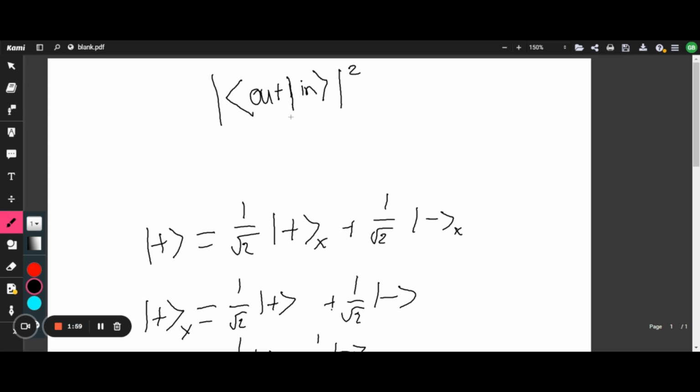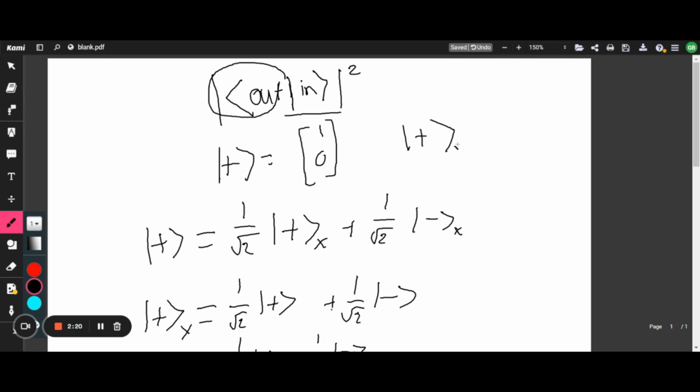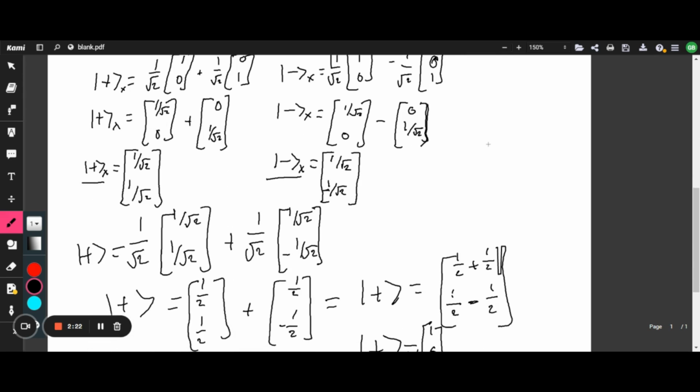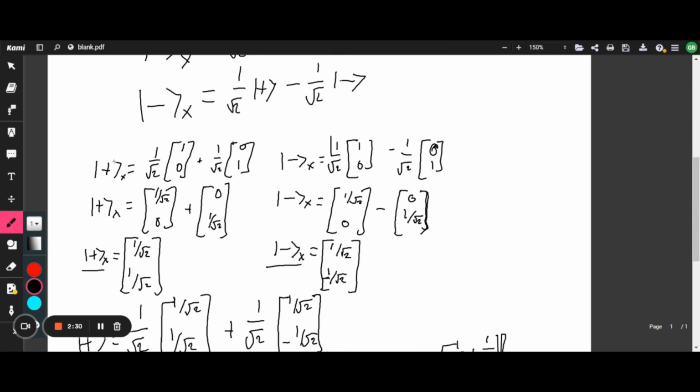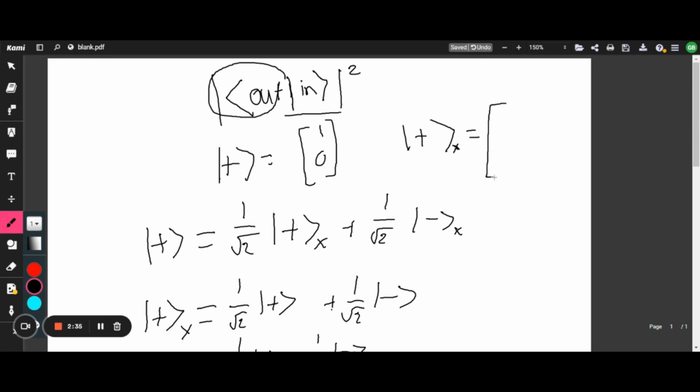So we have the input as spin up in the z direction as 1, 0. And the output, let's say we want to find spin up in the x direction. And since we already know what the spin up in the x direction is in its vector, in its matrix form, as 1 over square root 2, 1 over square root 2, we'll just use that.